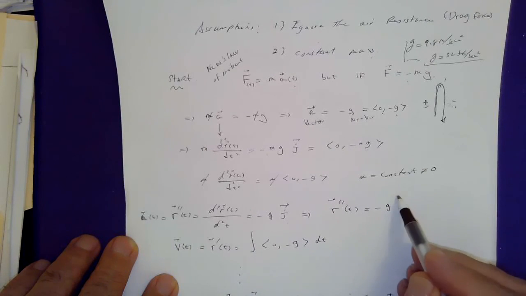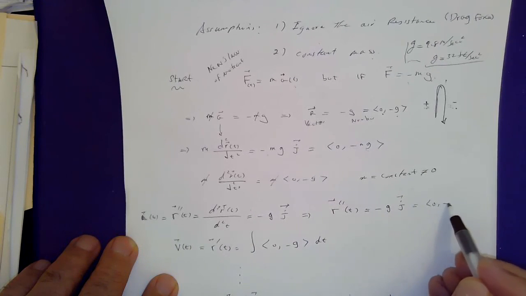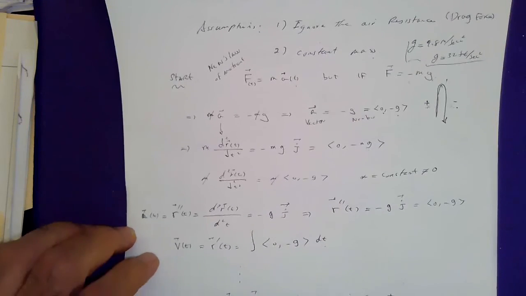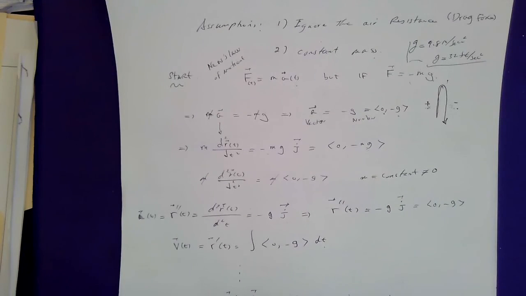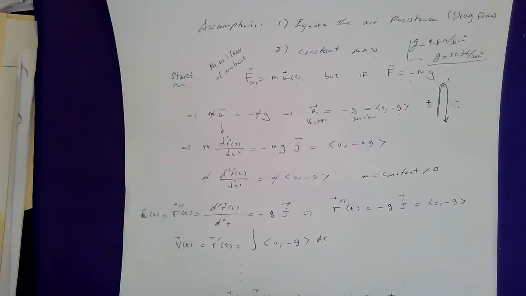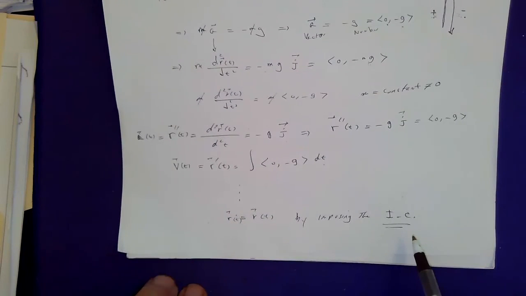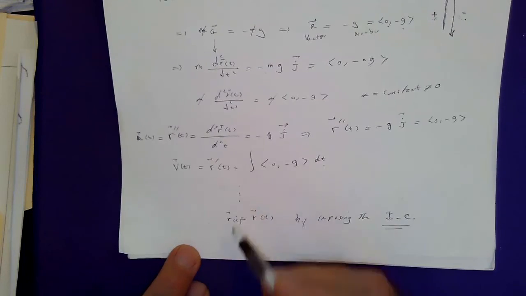Remember, negative gj is the same as 0, negative g with respect to t, and then I have to find the constants, just like the previous example, and at the end of the day, I have to take one more antiderivative to get what? To get my position vector, and I have to, of course, impose what? My initial conditions, and that would be it.